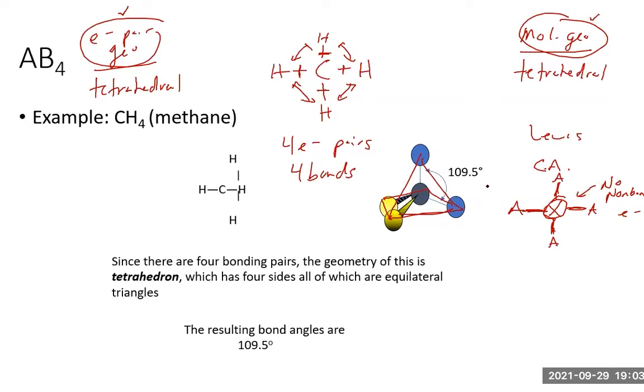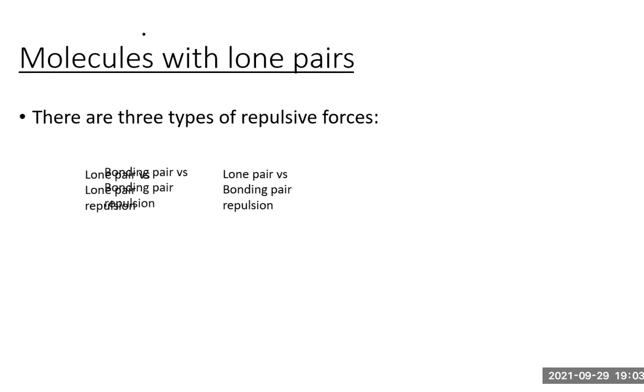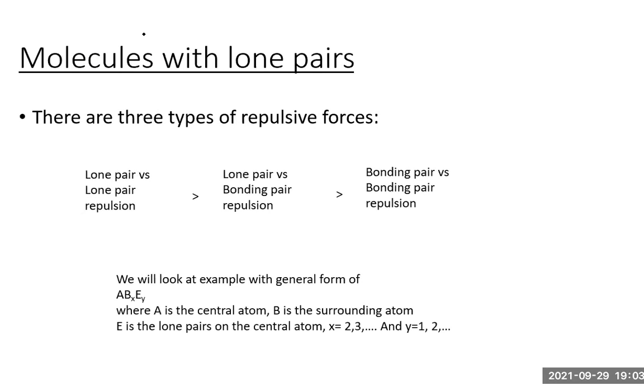When we start to introduce non-bonding electrons, we see a change in the two names: just the molecular geometry name changes, and the electron pair geometry stays the same. If we look at those that have non-bonding electrons, we get a few different interactions.